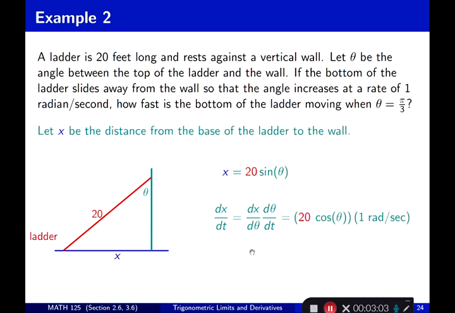The derivative of x with respect to theta is 20 cosine theta. The d theta/dt is already given here, and it's 1 radian per second. When you multiply everything together, you get that dx/dt is 10 feet per second.